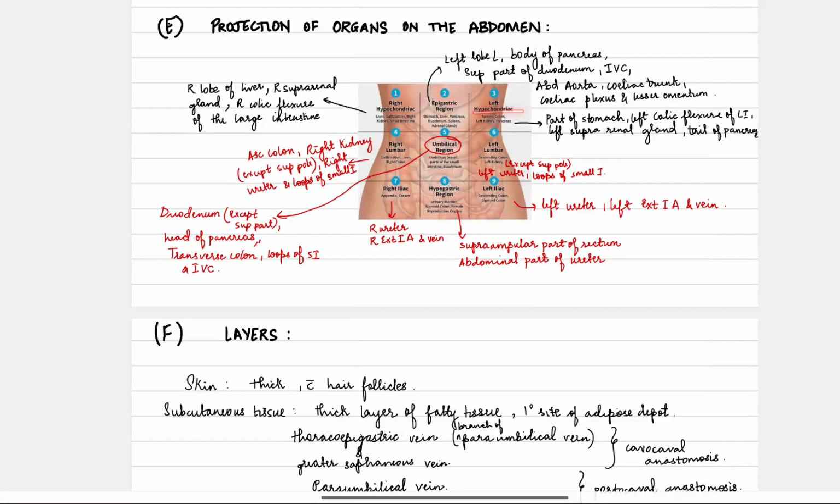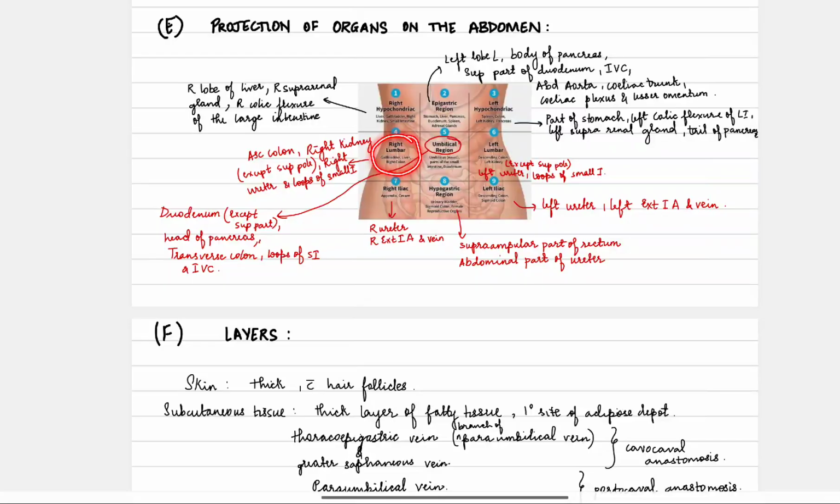In the left hypochondriac region, the organs are part of the stomach, left colic flexure of the large intestine, spleen, left suprarenal gland, tail of the pancreas, and superior pole of the left kidney.